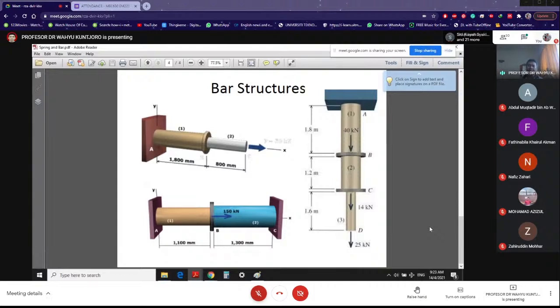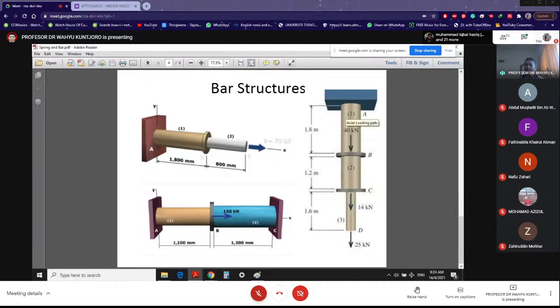And as I mentioned, in bar structure, every element, let's say we are talking about this on the right, the axis of element number 1, number 2, and number 3, they are vertical and in the same axis. And also you can observe that every load, 40, 14, 25, they are also in the same axis.